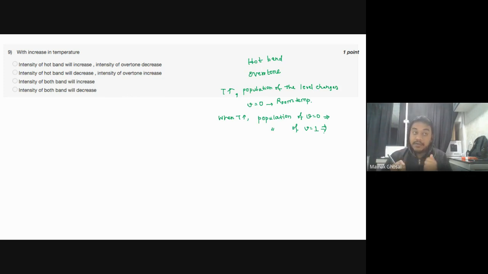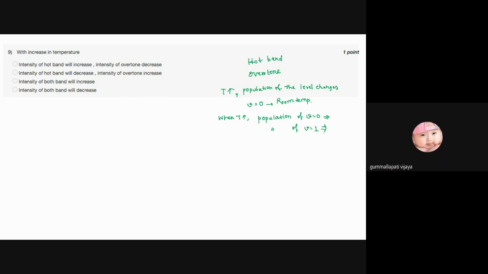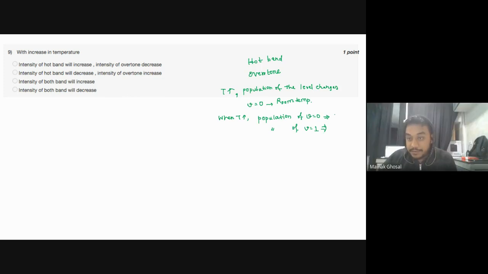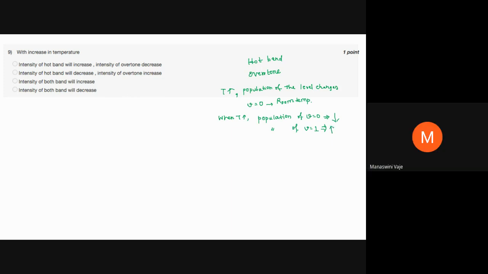Now I am giving temperature to the system. So what will happen? Out of this, 70 will remain in the ground state and 30 will go to the excited state. Now you are giving more temperature. Now 50 molecules will go to the excited state, 50 molecules will be in the ground state. So with increased temperature, the population of V equals 0 will decrease, right? But the population of V equals 1, right?